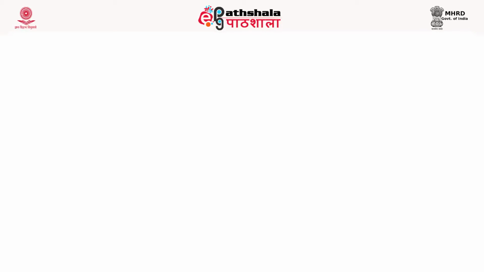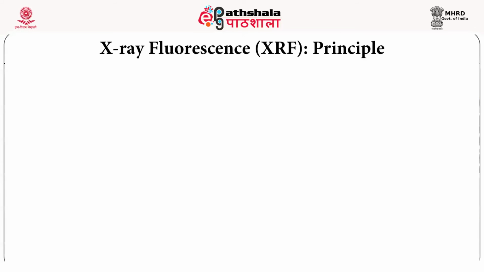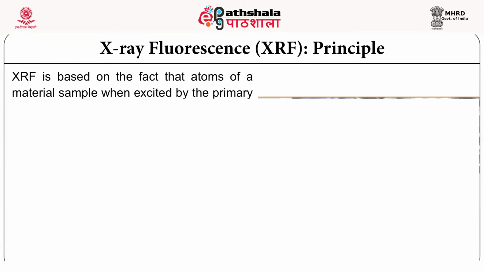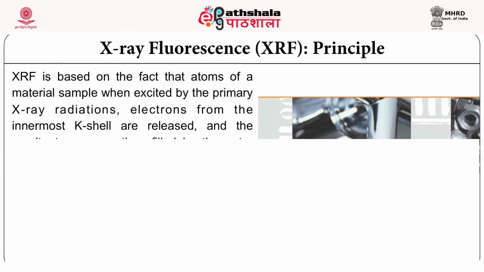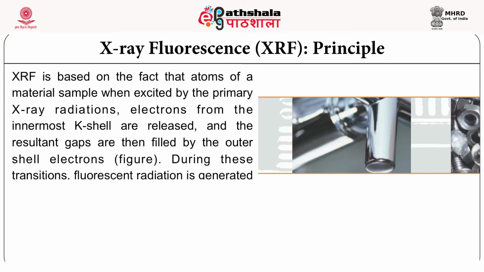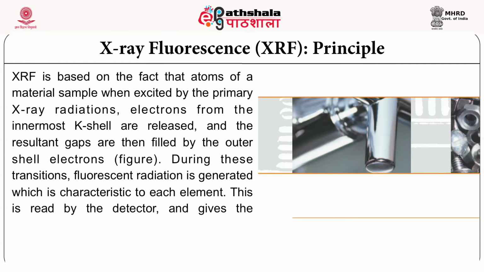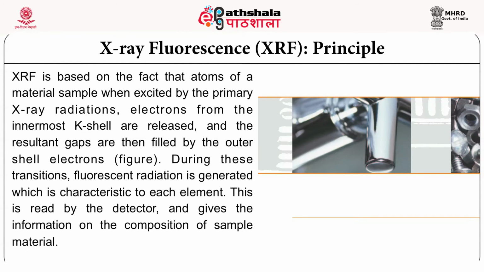XRF is based on the principle that atoms of a material sample, when excited by a primary X-ray radiation, as depicted in the picture on the screen, release electrons from the innermost K shells, and the resultant gaps are then filled by outer shell electrons.